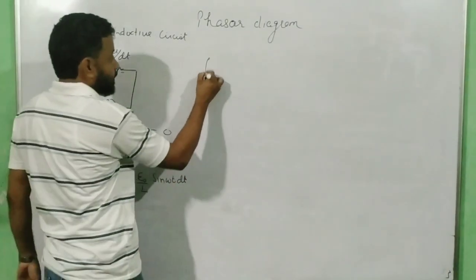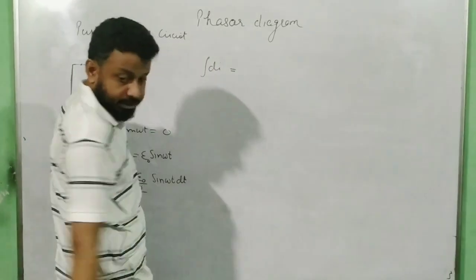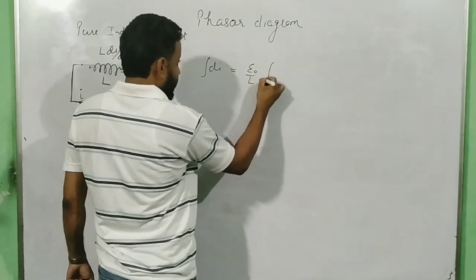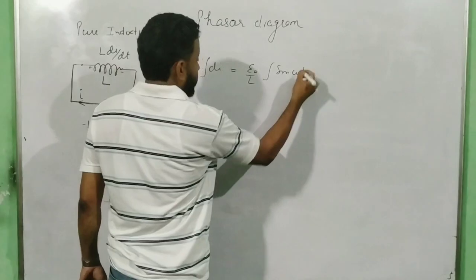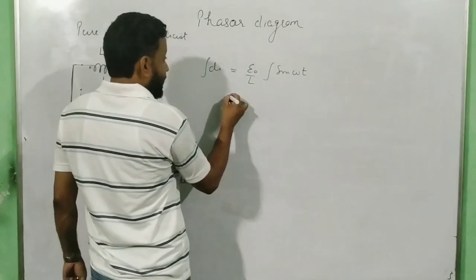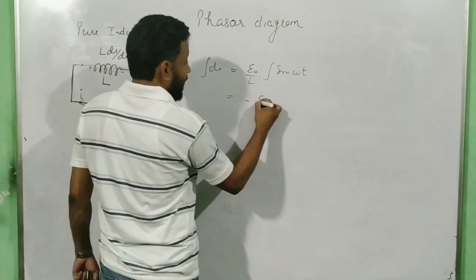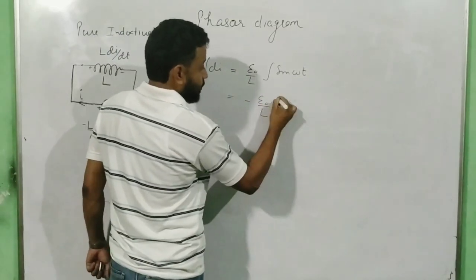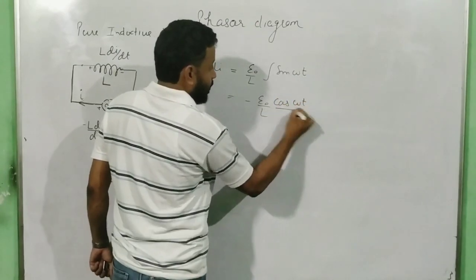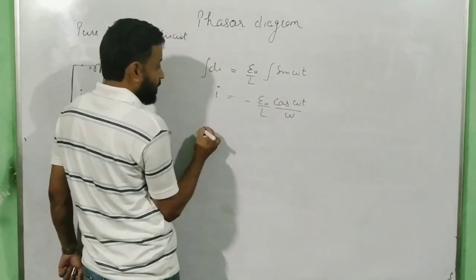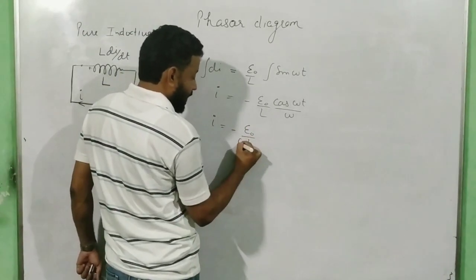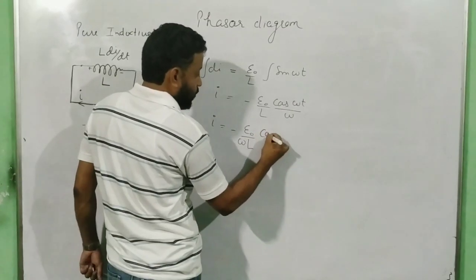Now to get the current expression, I have to integrate this. I will get E naught by L times the integral of sine omega t. The integral of sine omega t is minus cos omega t, and one omega comes in the denominator, and this has now become I. So I equals minus E naught by omega L, cos omega t.